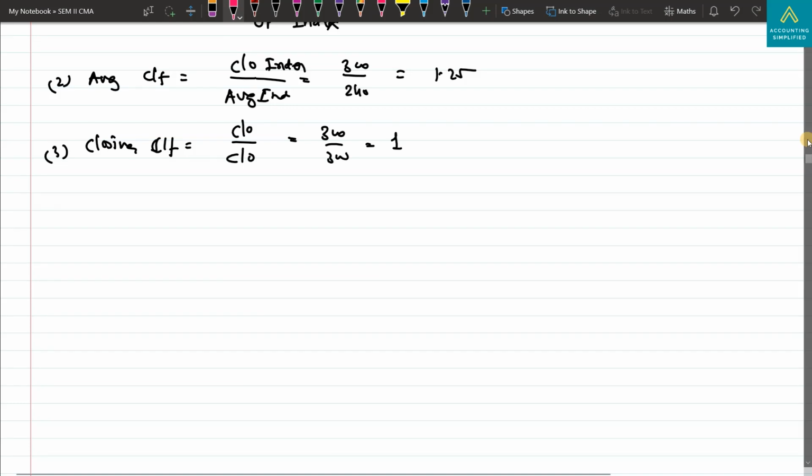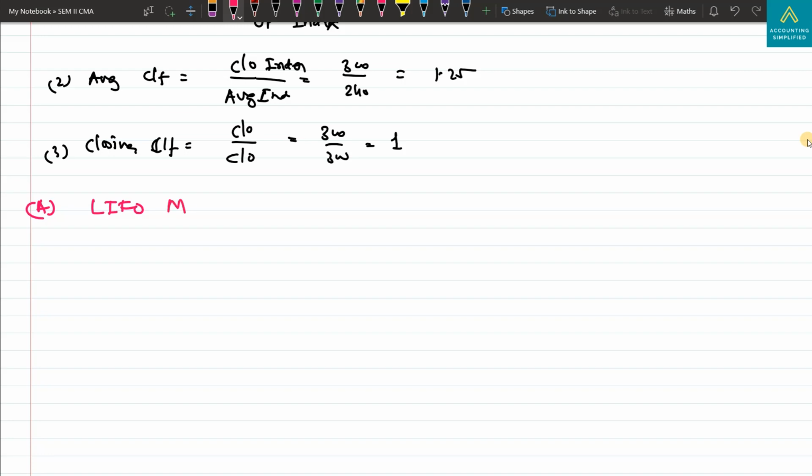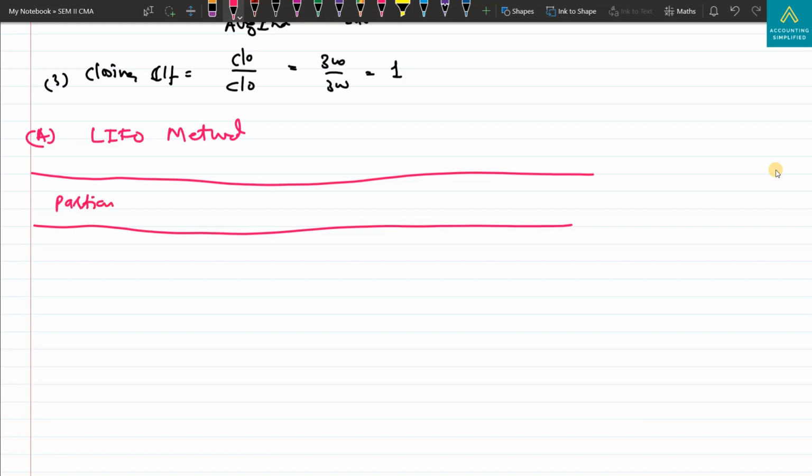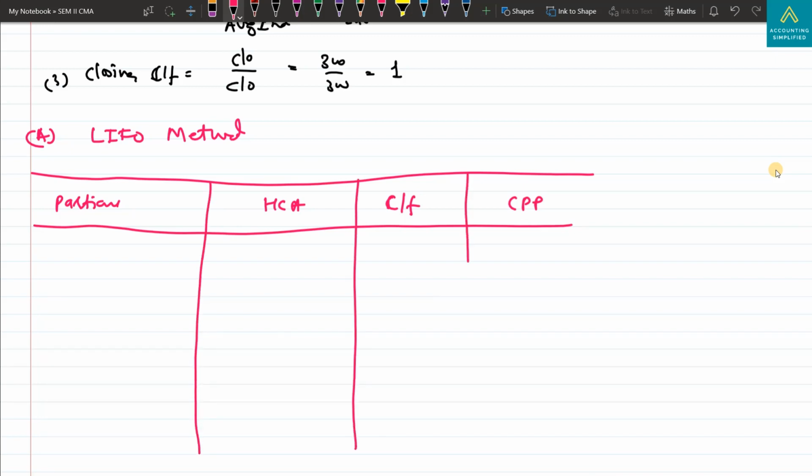For that, so A, LIFO method. The company follows both, so we have to give statement in both. So particular, HCA, conversion factor and CPP.